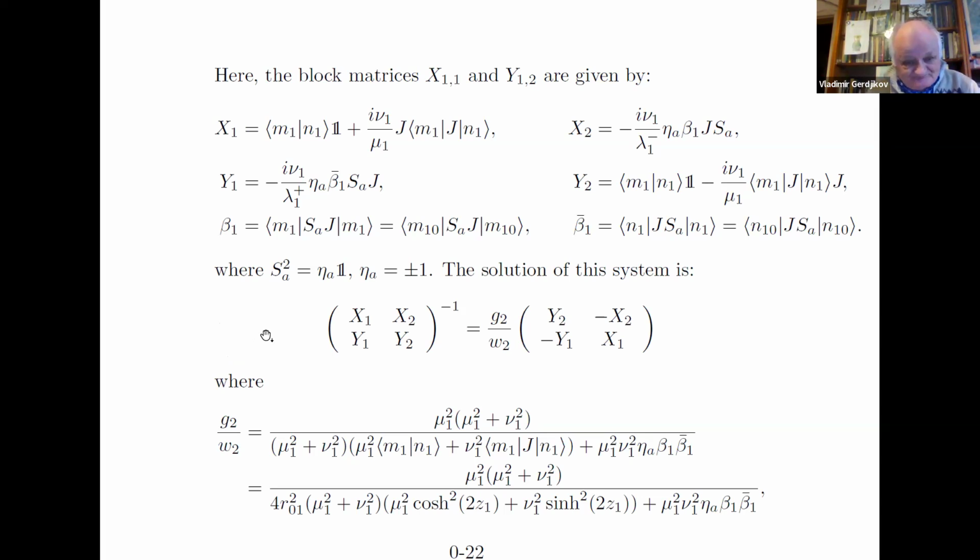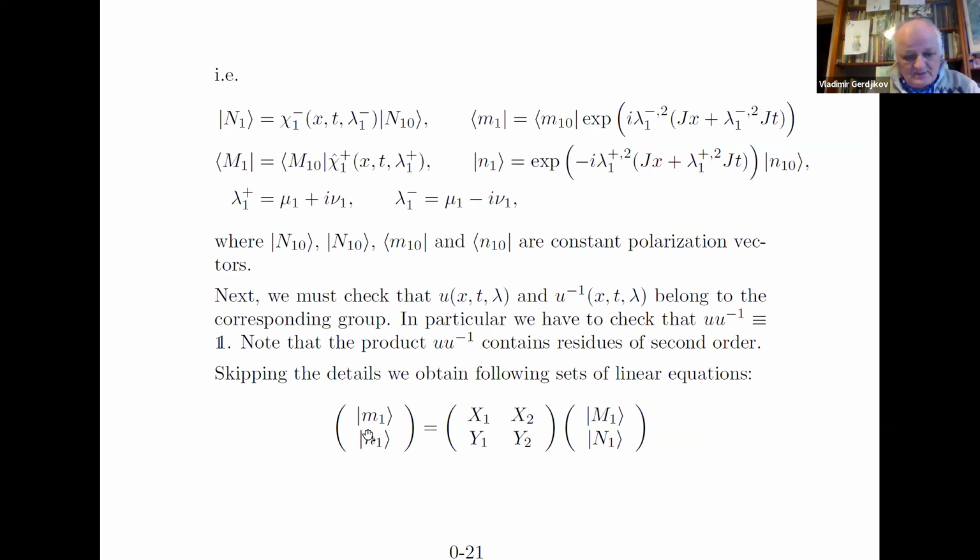So what we get is the following. We get this relation between the small m1 and n1 with the capital ones, M1 capital and N1 capital.